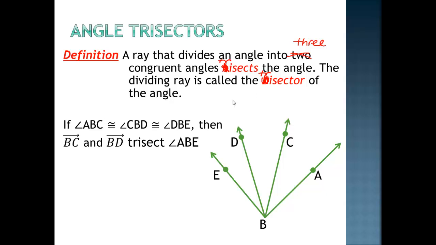Okay, my bad. At any rate, you get the point. It works a lot of the same ways that segments do. Three equal angles as opposed to three equal segments when we're talking about segment trisectors. Okay.